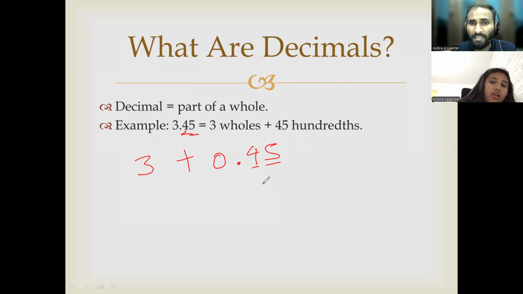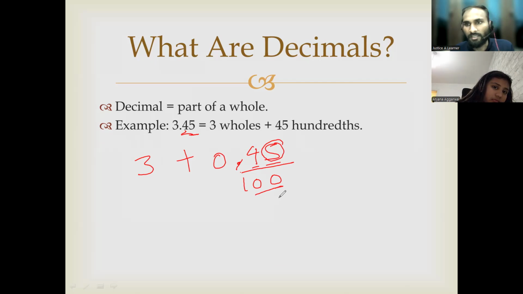We do a simple thing: we cancel this decimal point and put 1 here. And the number of digits would be equal to the number of zeros. So here we have two zeros. So 1 and 2 zeros. So this is hundredth. The 45, the complete number, we will be calling hundredth value.